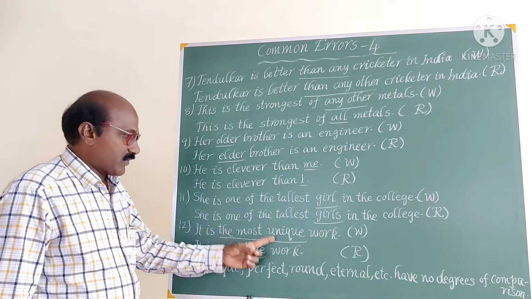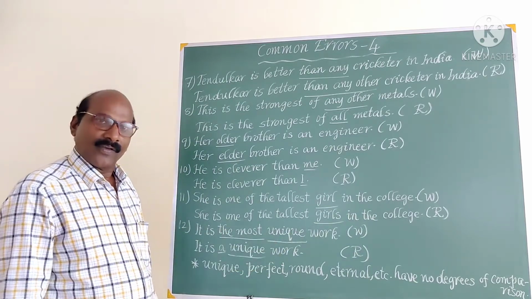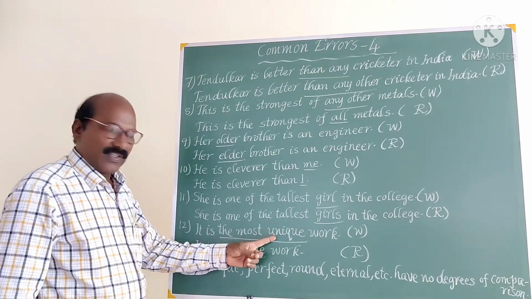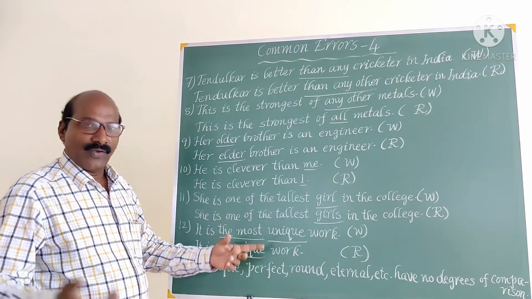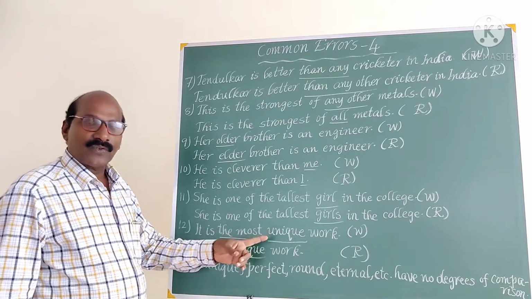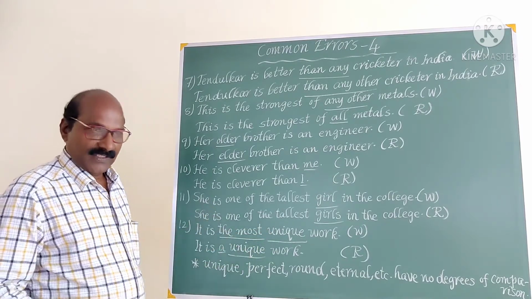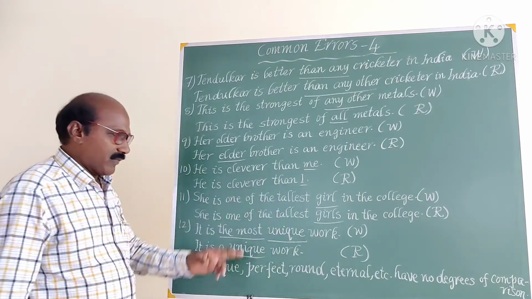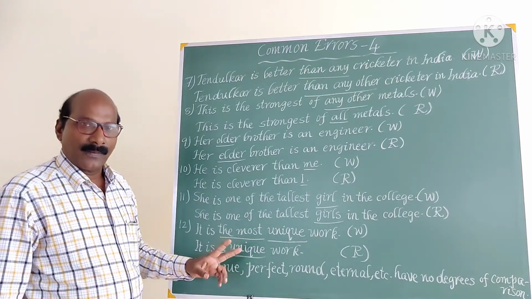"It is the most unique work." It's a wrong expression. The very adjective unique is really unique. Unique generally refers to only one of its kind. So for some adjectives there will be no degrees of comparison.